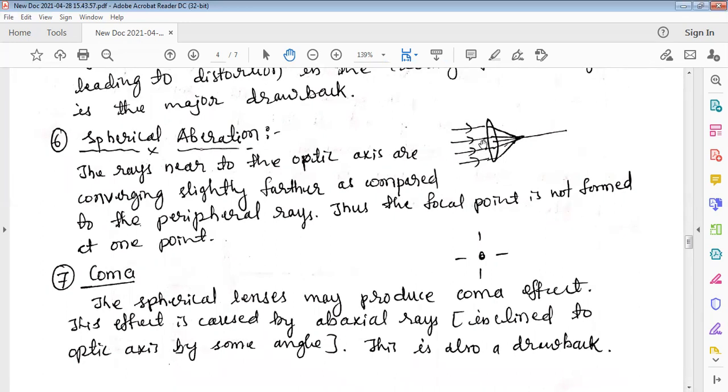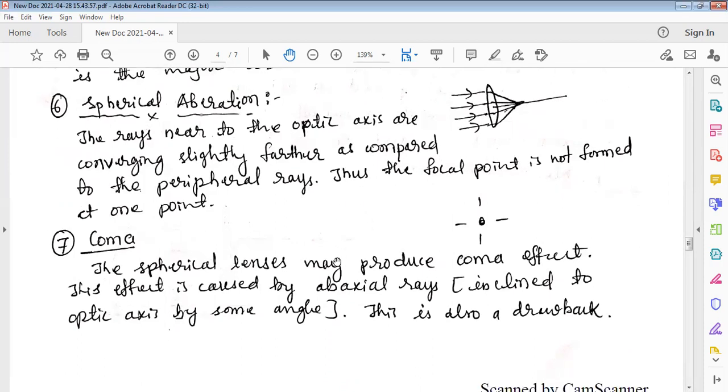The rays near the optic axis converge here, whereas the peripheral rays, this one and this one, converge here. So there is a gap between the converging points of the peripheral rays and axial rays. This problem is called spherical aberration.